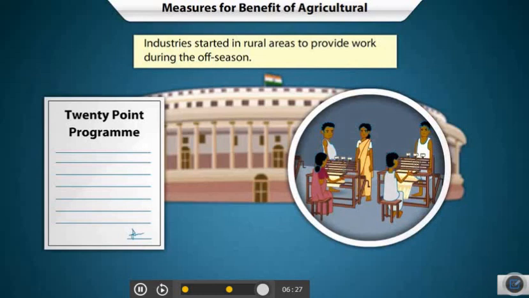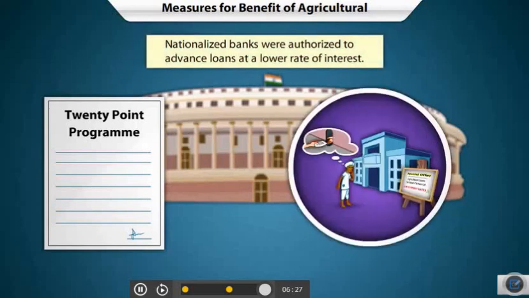Industries were started in rural areas to provide work to agricultural laborers during the off-season. Nationalized banks were authorized to provide low-interest rate loans for laborers.